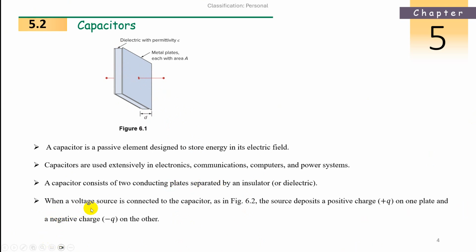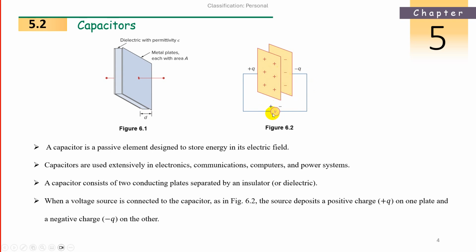When a voltage source is connected to the capacitor, across these two plates, the source deposits a positive charge on one plate and a negative charge on the other plate. See here, I have a capacitor connected with a voltage source, plus and minus V, to these two plates.